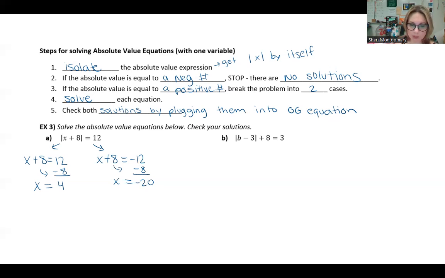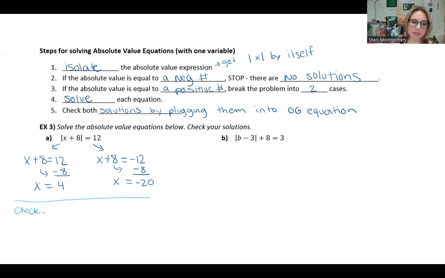To check them, I'm just plugging them into the original equation. So I'm going to check down here. You might have to just put it off to the side wherever you can fit it in. When I did my worksheet, I kind of had to put them right here. You just put them where you can fit it. You just want to make sure that you're checking.